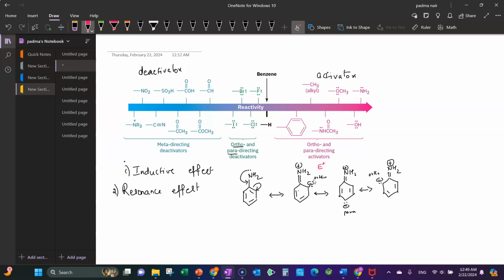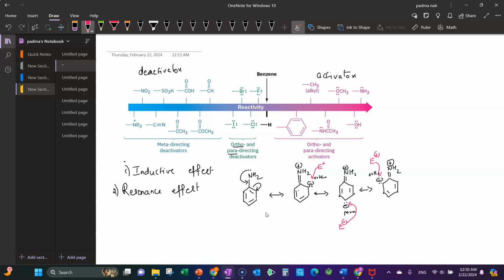It would either go to ortho positions or to the para positions, right? Because positively charged species will like to go to where it is electron rich. So that's why activators can be ortho or para directors.